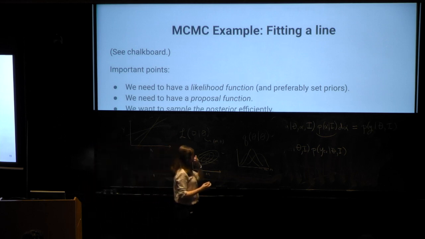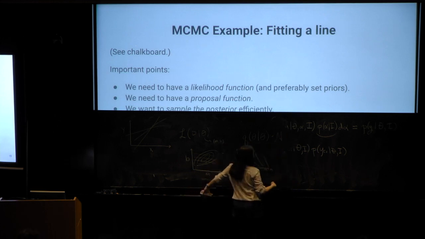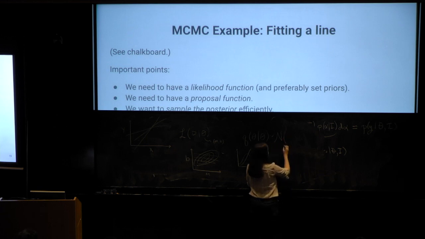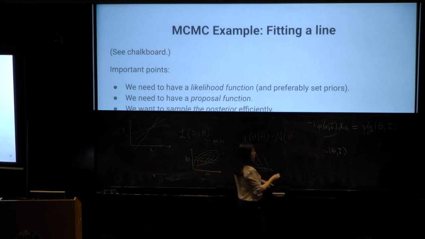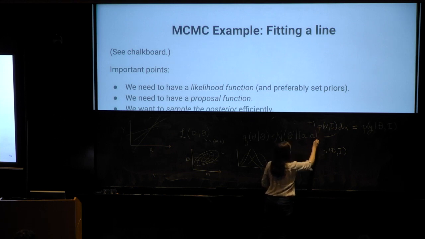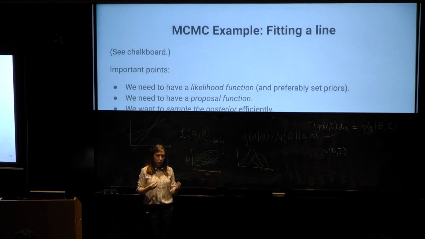So that's saying that with a normal distribution, I'm going to draw M from a mean of, okay, maybe the best thing to do is say that the mean is the previous point, and the standard deviation around the mean is sigma M, sigma B, where maybe sigma M and sigma B are kind of how certain we think that we will be on the slope and the intercept.